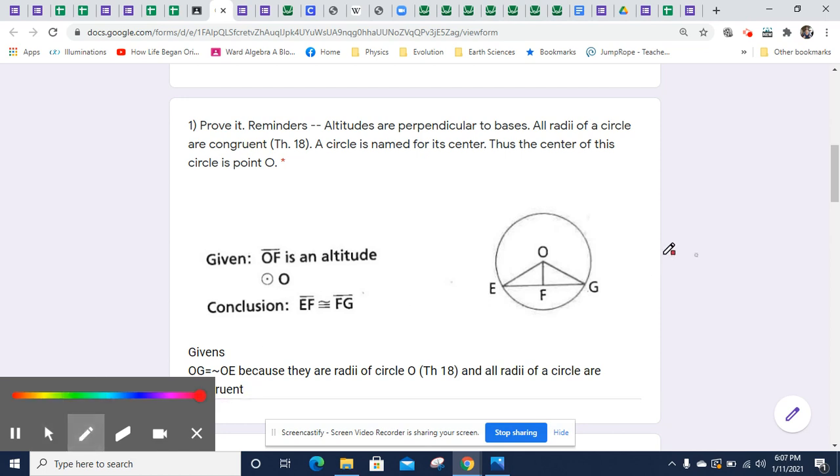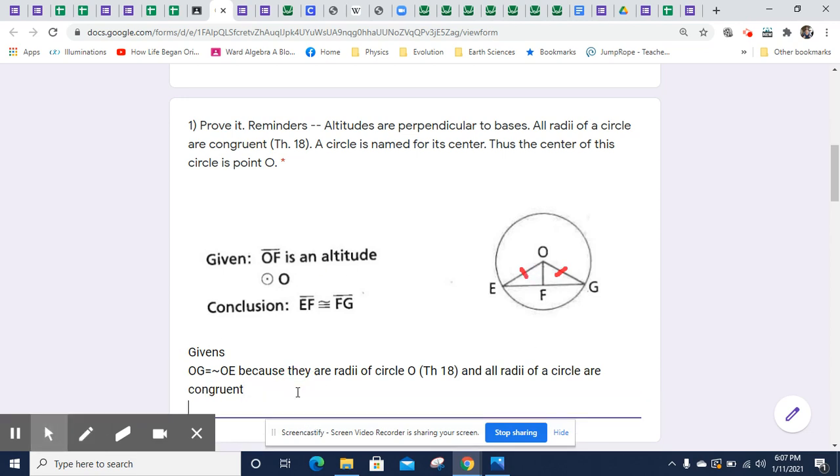So let's mark that up. Okay, so that is congruent to that. Cool.